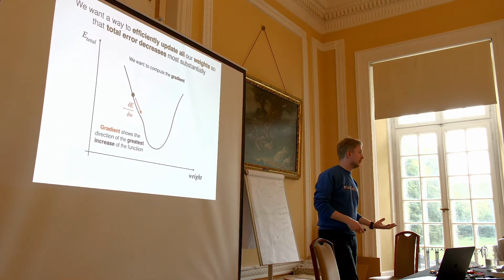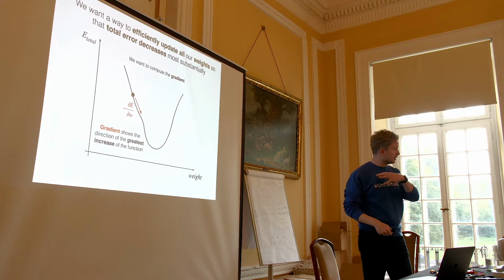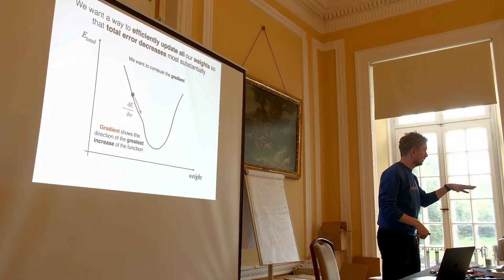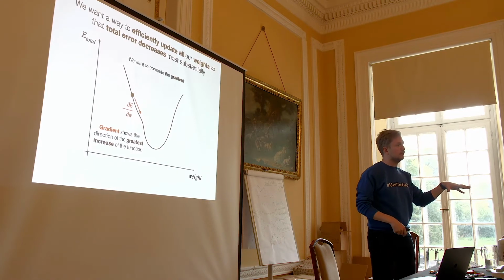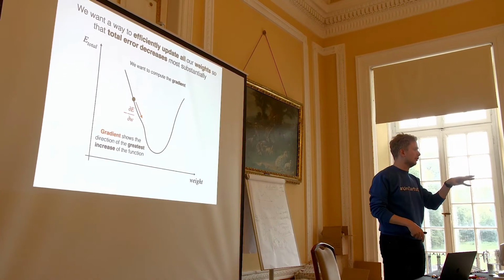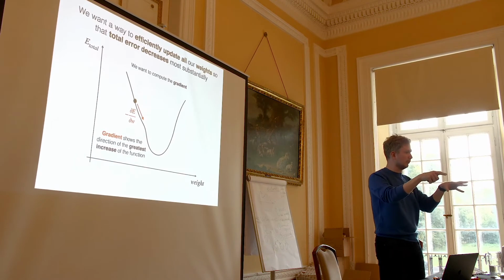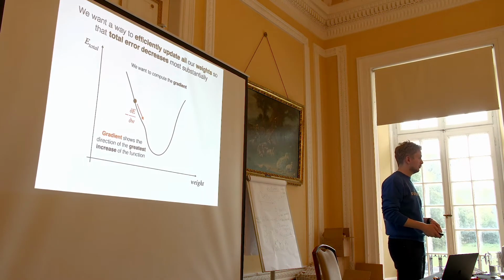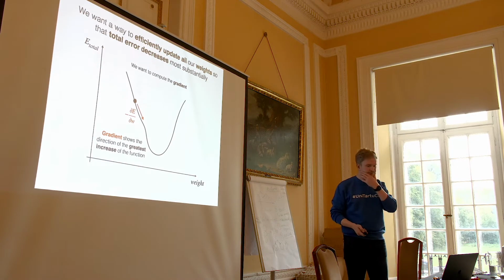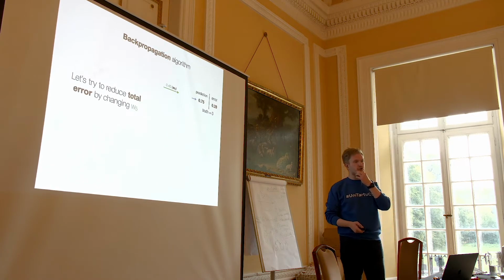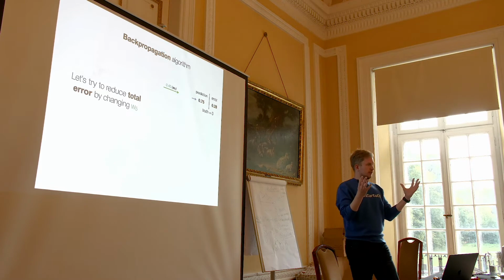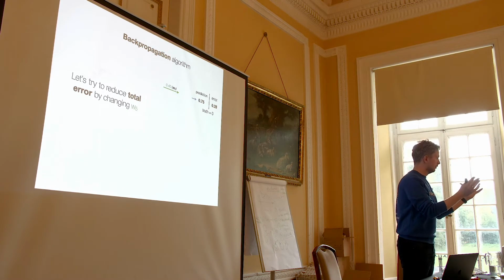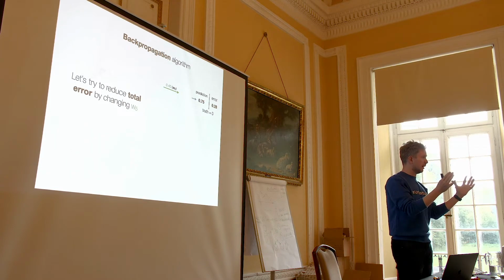What people have shown is that even in these billion-dimensional surfaces, hyperplanes, you can find minimums that will be reasonably good, close to the global minimum, using gradient descent. So this is exactly what we're going to do: gradient descent. We'll demonstrate it on a very small scale, just with respect to W5.